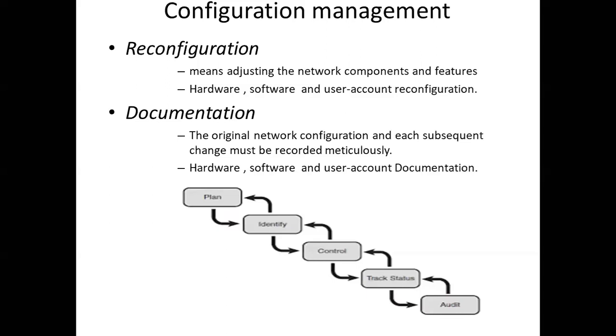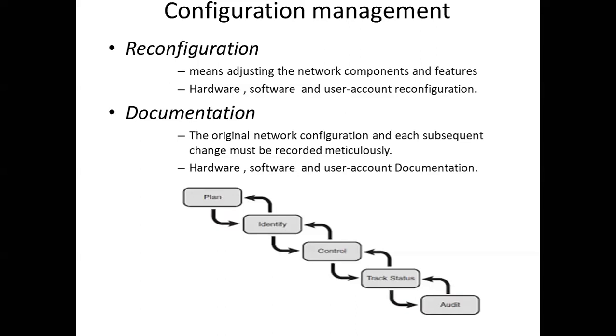When we make changes in the existing settings of the components of a network, it is called reconfiguration. Re means once again. You are configuring it according to your change. Configuring means changing, adapting it, making some settings, making some adjustment in the parameters to suit your needs.